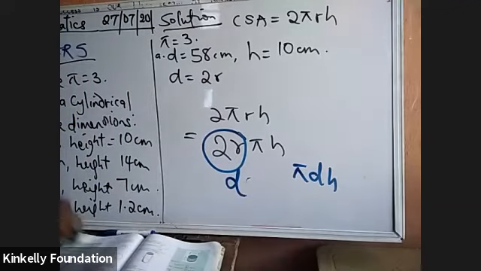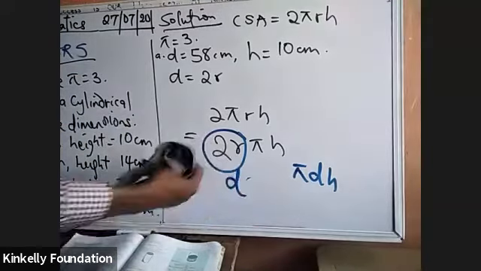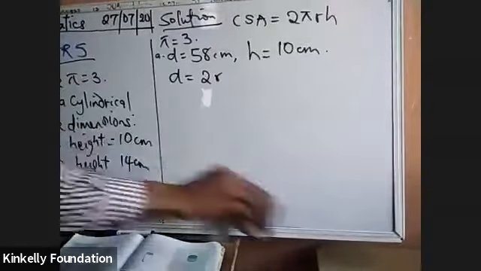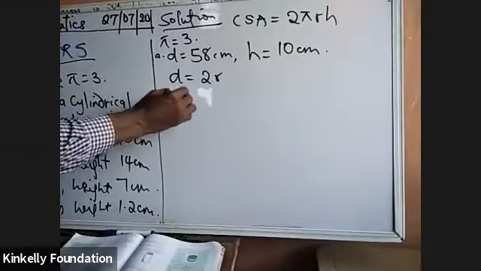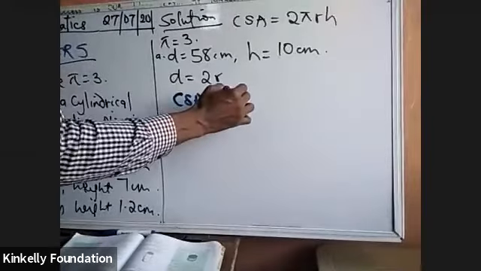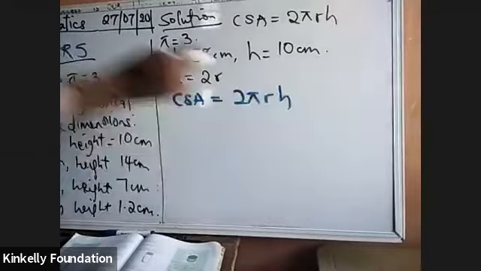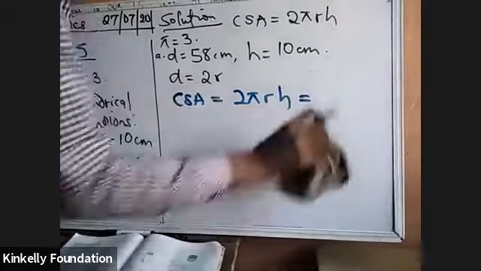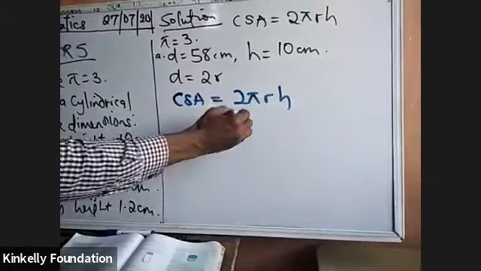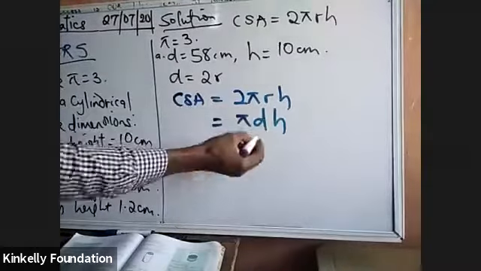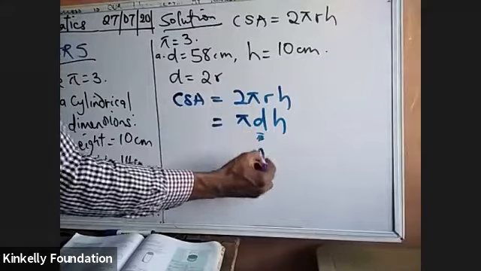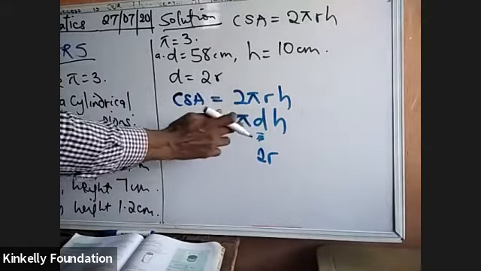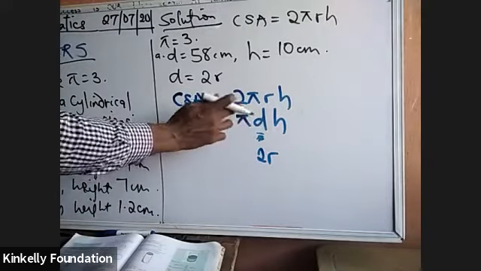Now, we solve the methods using any of them. Since CSA is 2 pi r h, which is the same thing as pi d h. Remember that this d is 2r. It has taken over this one and this one.